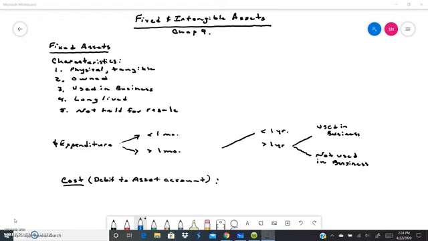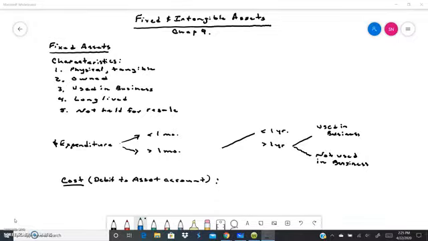And then finally, what do we do when we dispose or sell a fixed asset? And then our final topic will be how we record and amortize intangible assets. So that'll be a separate topic.